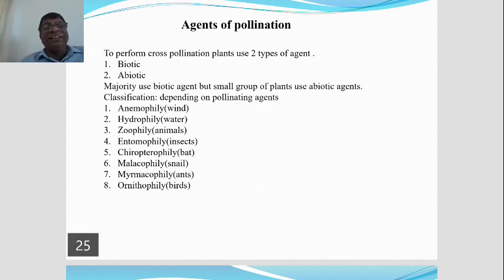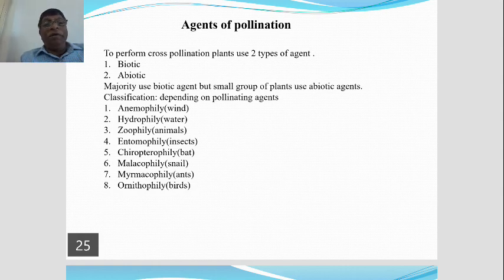Entomo means insects. Pollination by insects is called entomophily. Chiropterophily, even pollination by bats is called chiropterophily. Malacophily, snails pollinate the flowers.